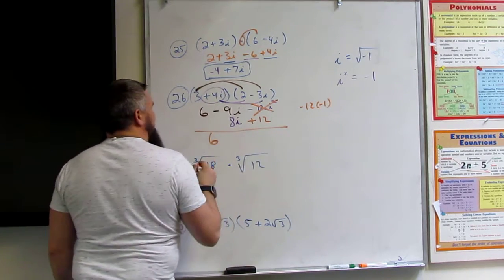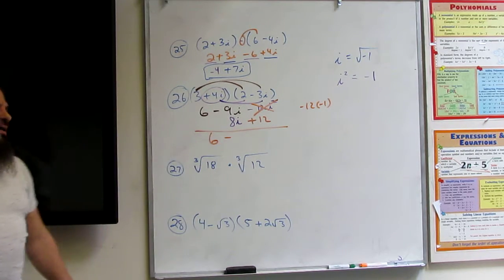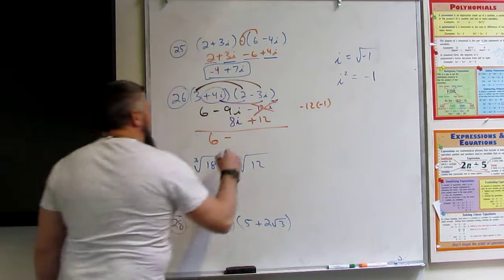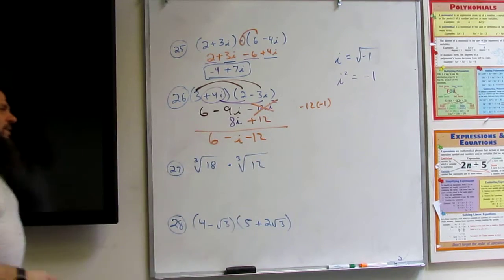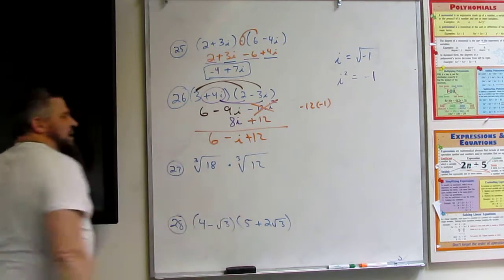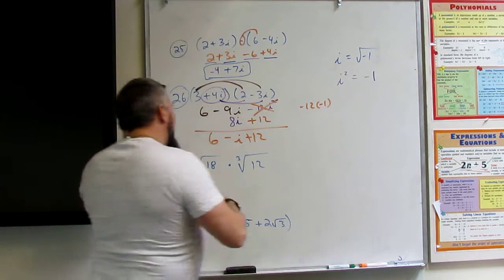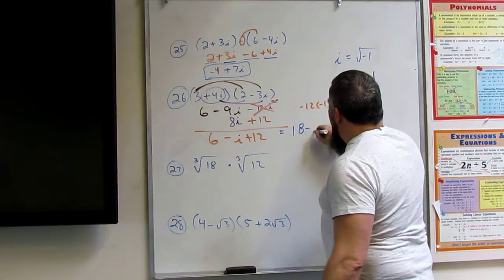So we get 6 minus, what's negative 9i and 8i? Negative 1i. And then plus 12. So then we can do the plus 12 plus 6, which is 18. 18 minus i.